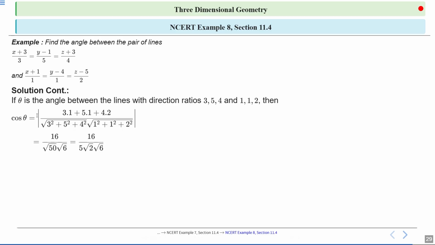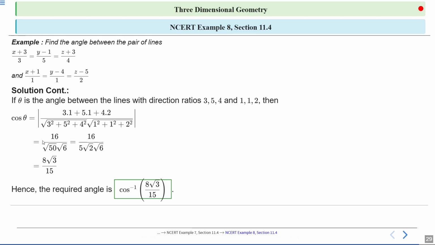This is equal to 16 divided by square root of 50 times square root of 6, equals 16 divided by 5 times root 2 times root 6, which is equal to 8 times root 3 divided by 15. Hence, the required angle is cos inverse of 8 times root 3 divided by 15.